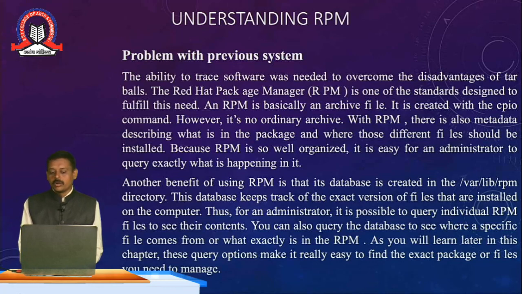However, it's not an ordinary archive file. With RPM we can also use metadata which describes what the package is and where the different files should be installed. The files installed with the help of RPM are placed separately in the Linux file system.